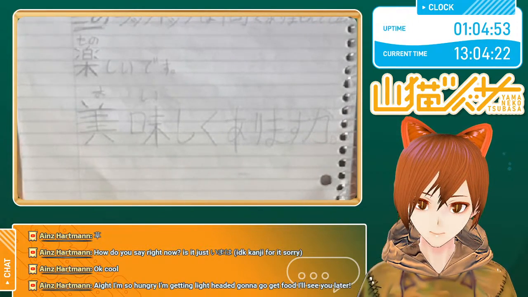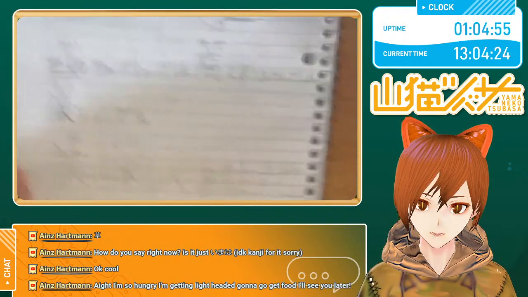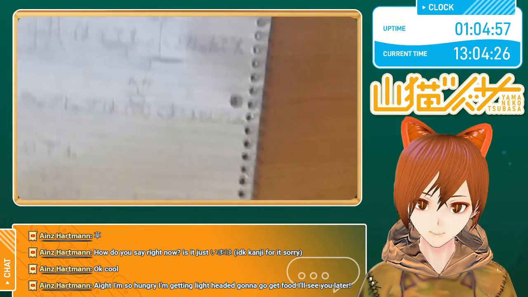Okay, so this is kind of all the sample sentences I have that I want to be using.